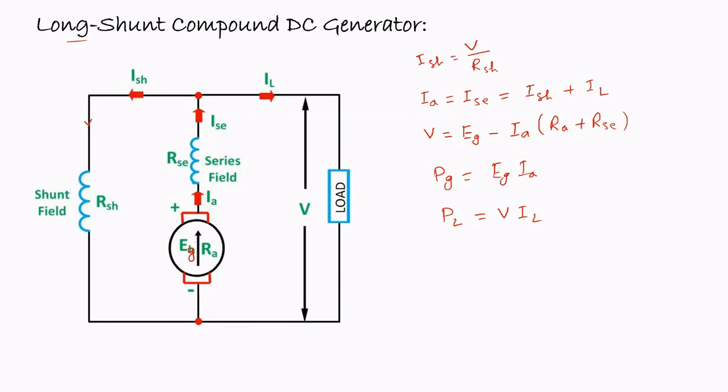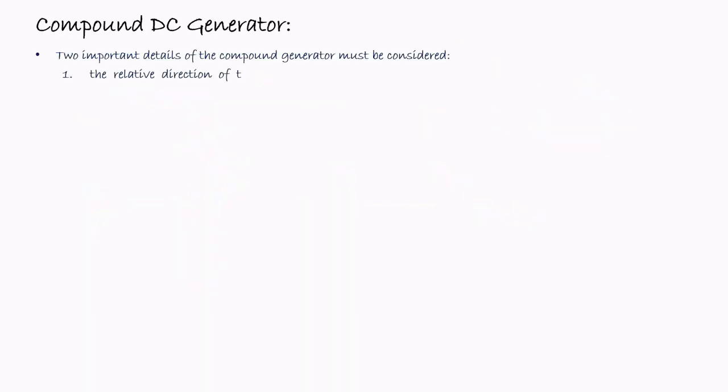So these are the concepts of different types of machines, where the compound generator is further classified. Here we have to decide the relative direction of the current through both the windings of a particular field pole.